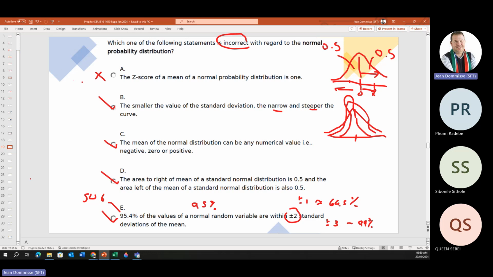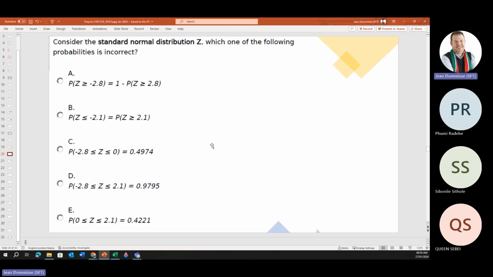Let's quickly go into the next one. This is one way that they can ask you to use the Z table.